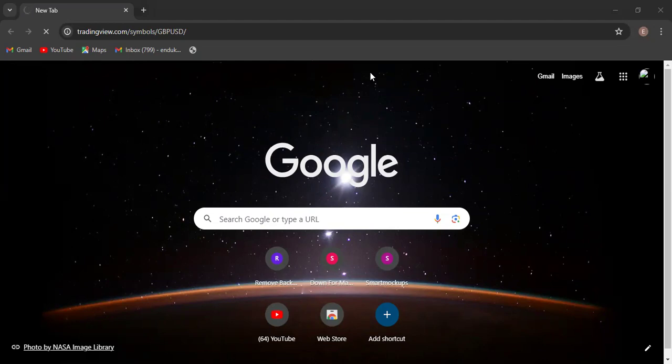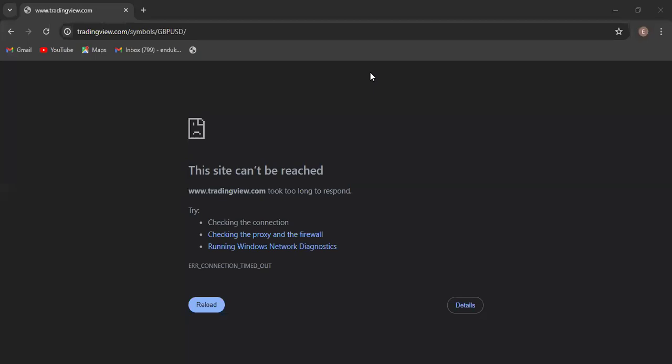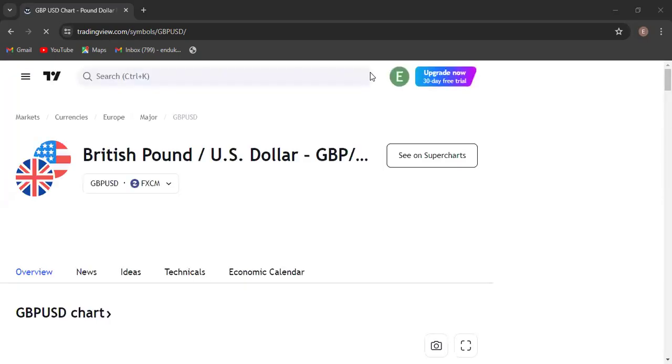It's actually loading. So like I was saying, TradingView is a platform where we analyze the market before we go to our MT4 or MT5 to place trades.